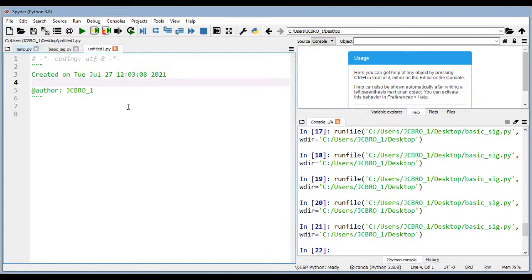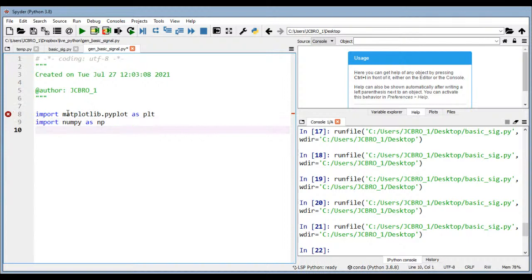First of all, we'll save this file in the same folder where we are saving all of our other Python files, as generate basic signal, and then save it. We will first import matplotlib.pyplot as plt, and then import numpy as np.